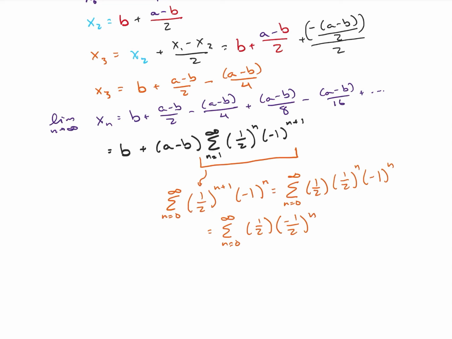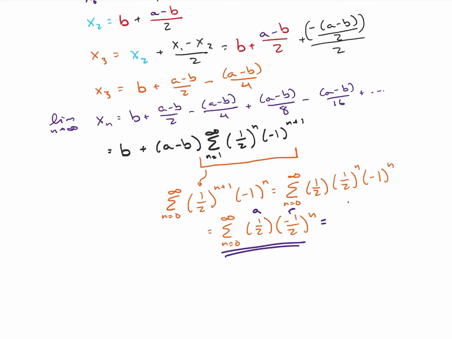Okay, if you haven't taken a calculus class, you probably are wondering why I put it in this exact form. This is the standard form for a geometric series. When I'm looking at a geometric series, this term is my a term, and this is my r term.